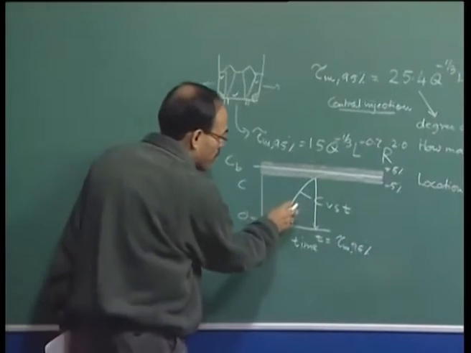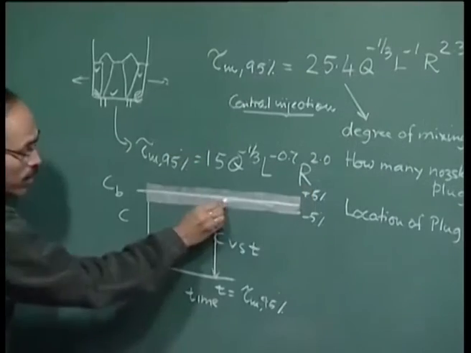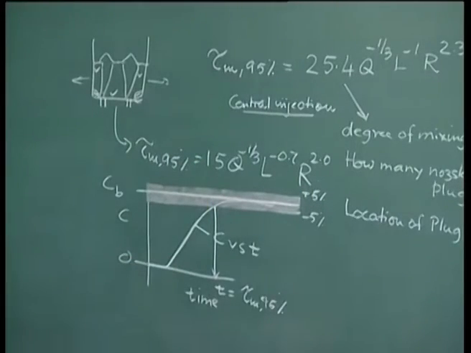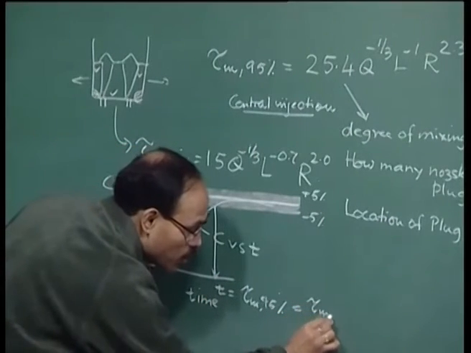If this monitoring point corresponds to the characteristics of the slowest mixing region, then this mixing time is equal to tau mixing 95% bulk.